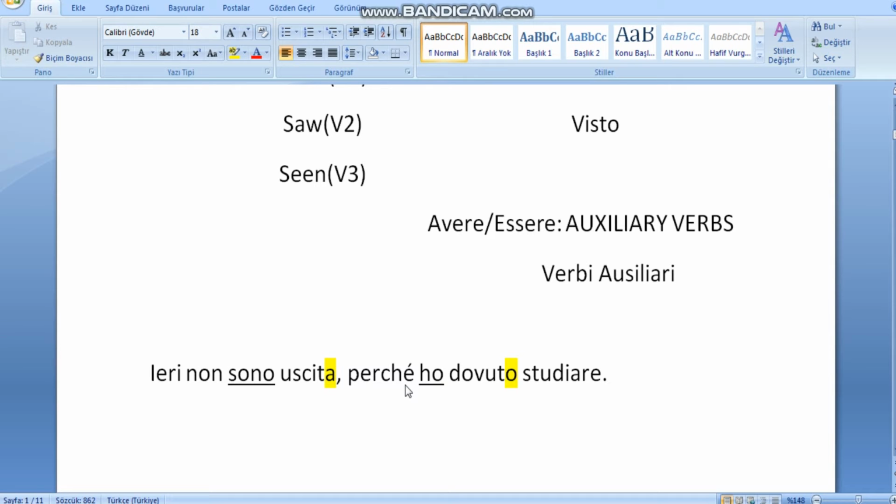And if the auxiliary verb avere does not have any direct pronoun in front of it, it doesn't change the last letter of the verb in past participle. That's why we do not change the last letter of the verb dovuto. Meanwhile, we have to change the last letter of the verb uscito and it becomes uscita.